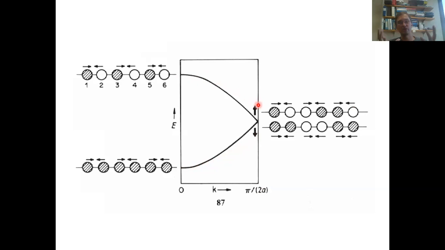You see that as a result, we are actually creating a band gap. There are 2 crystal orbitals at pi over 2a, which are now different in energy. So there is a jump in energy as we go from the highest occupied crystal orbital to the lowest unoccupied crystal orbital, because remember, the Fermi level is actually here.